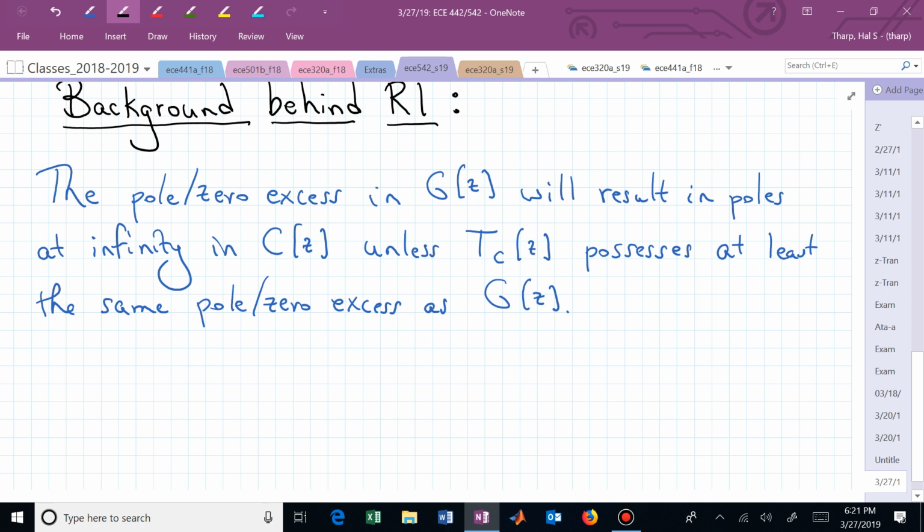I don't even know what he's talking about. Poles at infinity. What are poles at infinity?